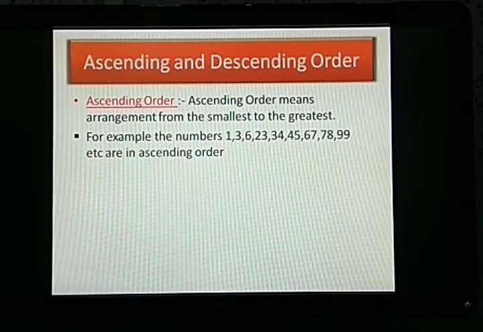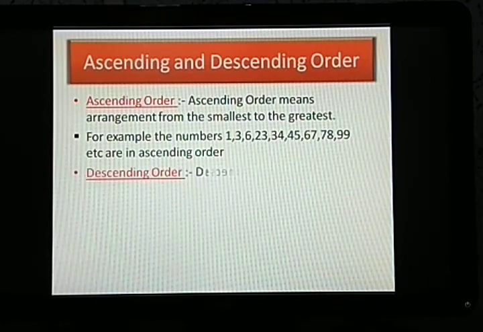Now for example, you can see these numbers are arranged in the ascending order. Here the smallest number is 1 and the largest number is 99. So you can see from 1 the numbers gradually increase, and so we can say that this is in the ascending order. The descending order is just the opposite of ascending order.